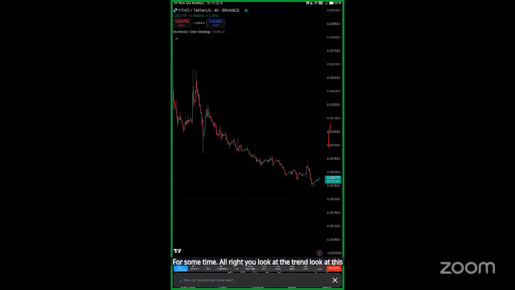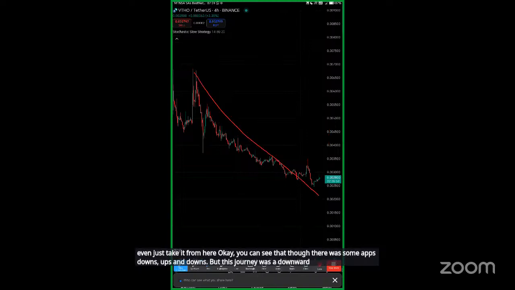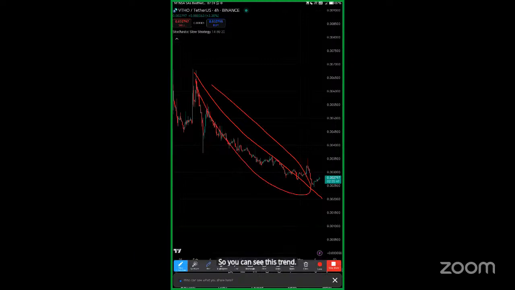If we just take it from here, you can see that though there were some ups and downs, this journey was a downward movement. So you can see this trend, it is a downtrend.